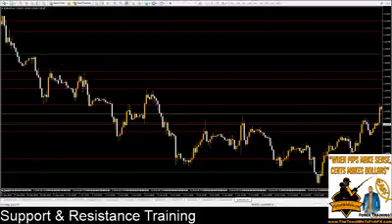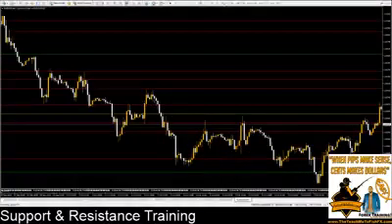Based on whatever your lot size was, let's say you had a standard lot, that'll be $10 times 220. That's $2,200 over the course of almost 7 days, so a week.